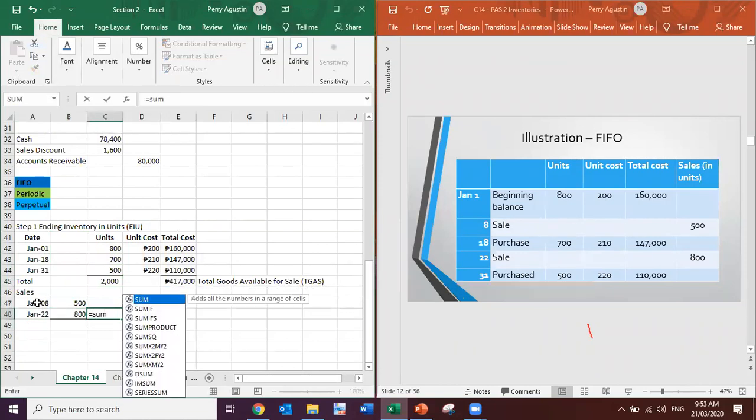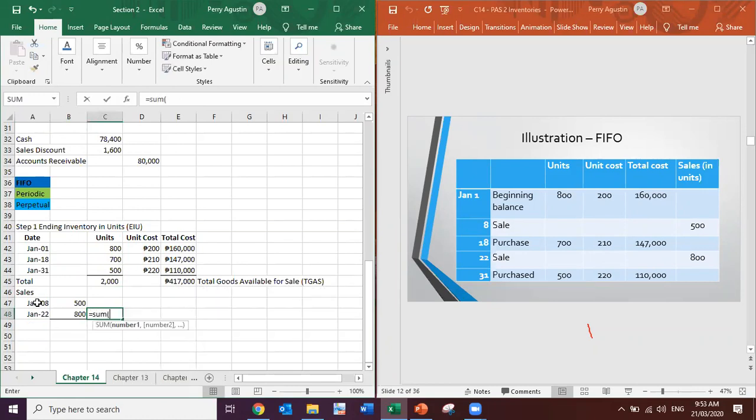So if we have sold 500 and 800, therefore we must have an ending inventory, but in units. So how much is our ending inventory?